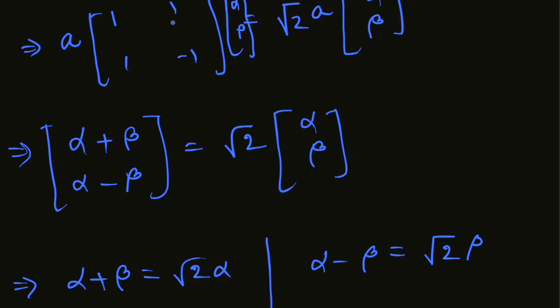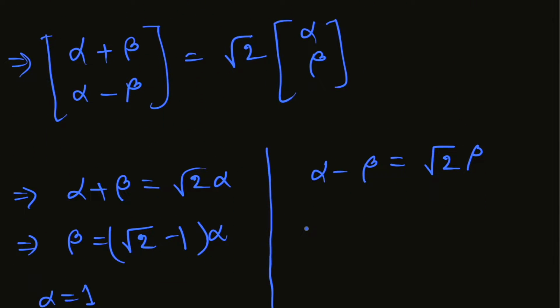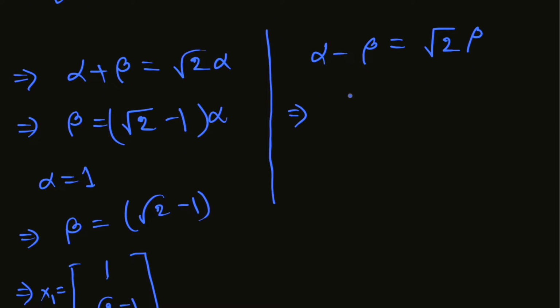Now let us calculate from the second equation also: alpha equal to (root 2 plus 1) beta.